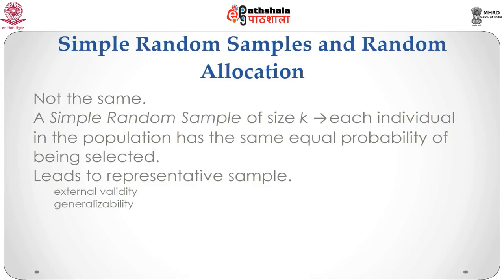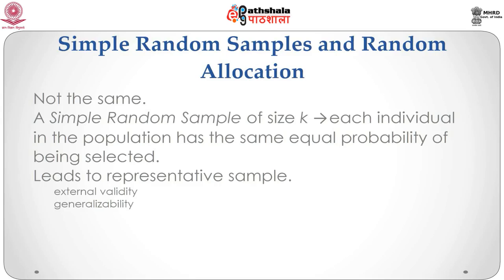Distinction between simple random samples and random allocation. Simple random selection and random allocation are not the same thing. By random selection, we mean a simple random sample of size k, for example, means that each individual in the population has the same equal probability of being selected, and as a result, each possible subset of size k in the population also has the same chance of being selected.